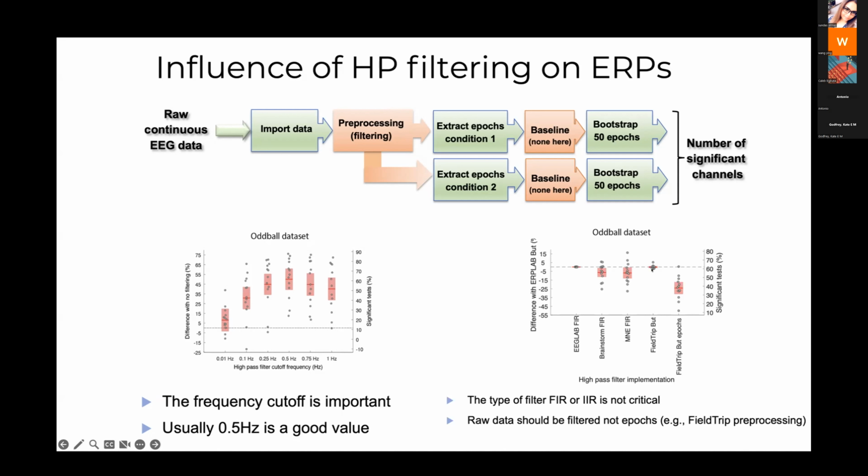You have to process the data in a specific way, because if you just use the ft_preprocessing function in FieldTrip, it's going to first extract epochs and then filter, which is not optimal. But we've documented all that, so now it should be fine. So filtering at 0.5 hertz is kind of optimal for these datasets and for the other ones too, and it doesn't matter much which filter you use.